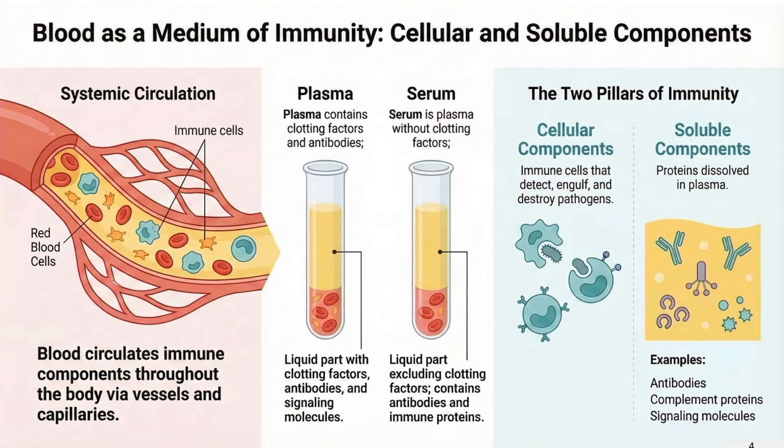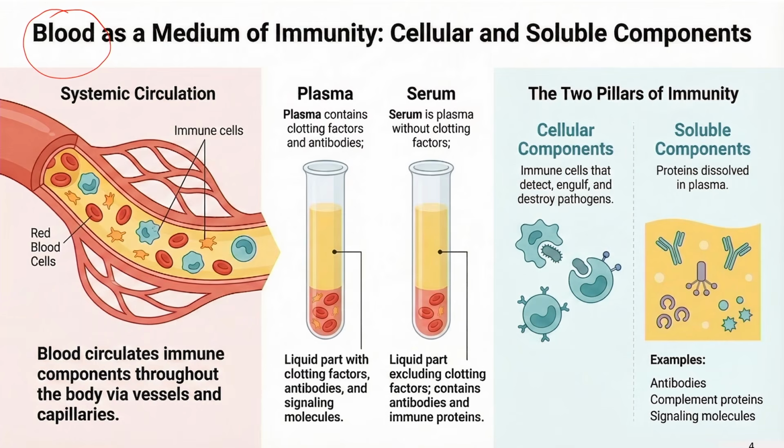So let's try to understand a very important part which we will discuss in this whole course, and that's called blood. Blood is defined as a fluid connective tissue. It is a liquid, and since it connects two different cell types or organs, we call it connective, and since it's a collection of cells, we call it tissue.